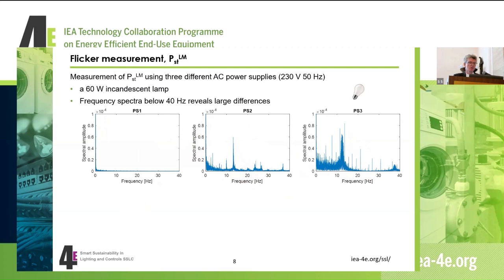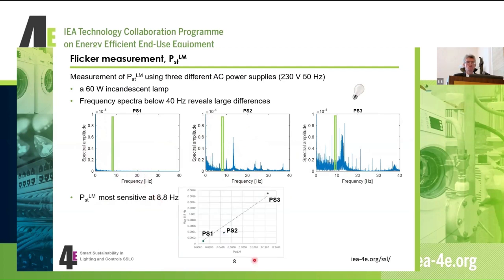The PstLM metric is most sensitive at a frequency of 8.8 hertz. So we looked at the spectral amplitude at 8.8 hertz and plotted that versus the measured PstLM value. And that looks like this. On the x-axis, we have the measured PstLM value, and we have the magnitude of this noise contribution for the 3 different power supplies.